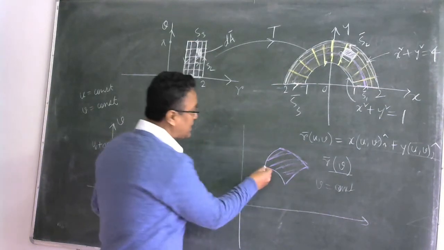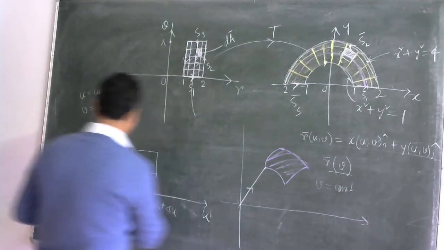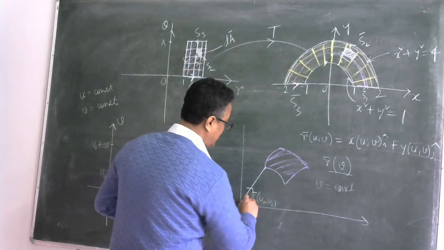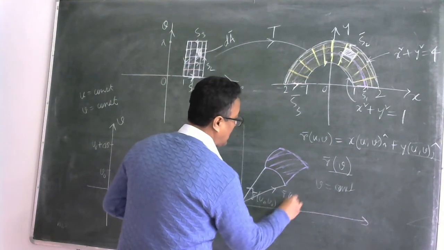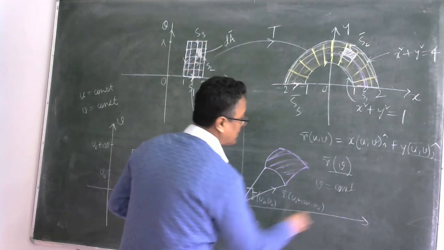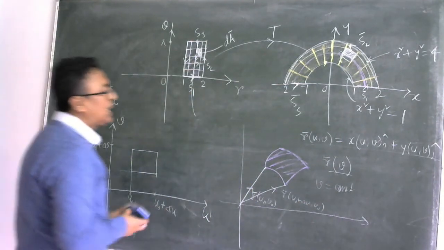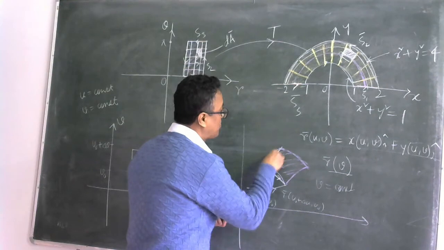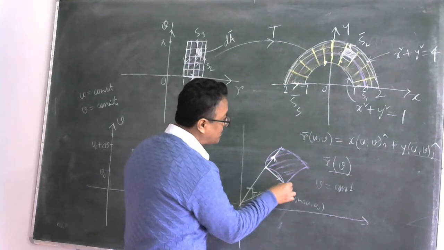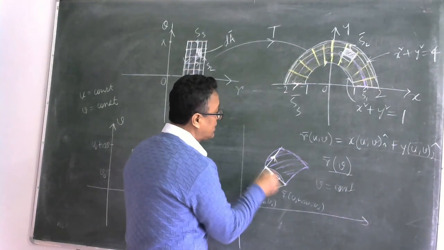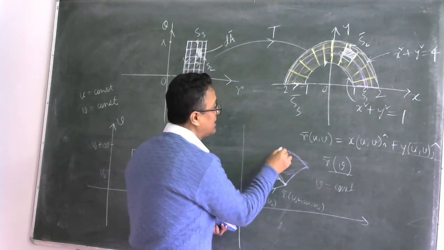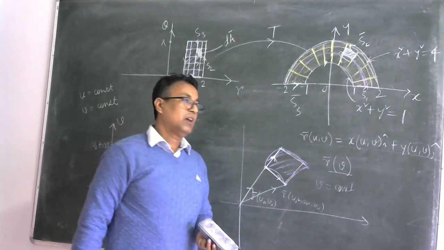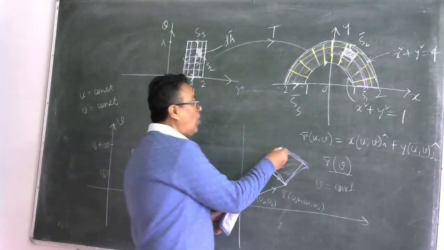Now, this is r(u naught, v naught), and this one I have already told you is r(u naught plus delta u, v naught), something like that. Another thing I want to emphasize is that I am concerned just about the parallelogram coming out of joining this point to this point and this point to this point, and I was taking the area of the parallelogram to be the approximate area of this patch.